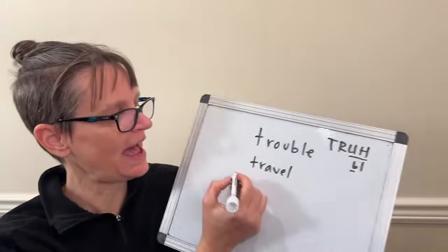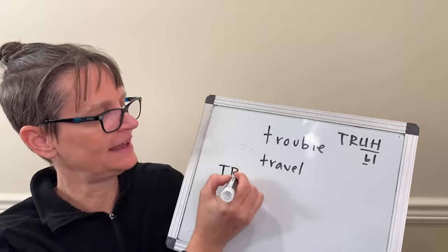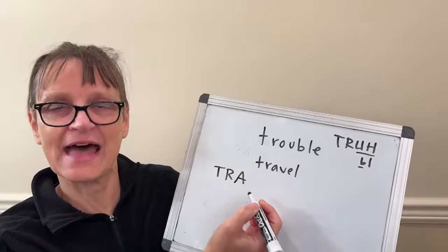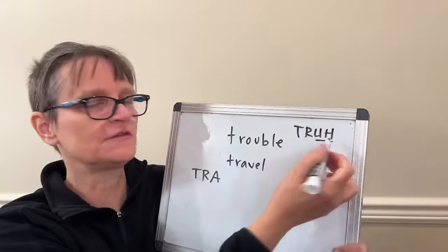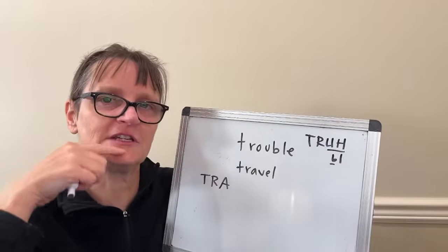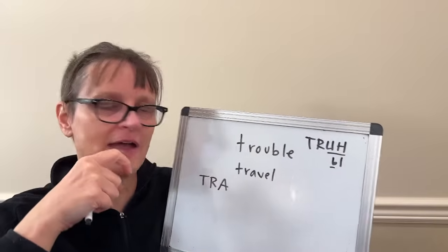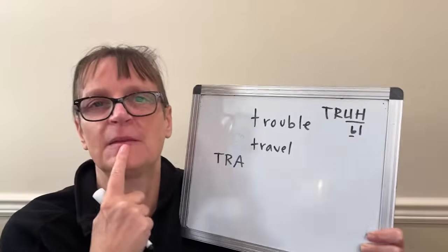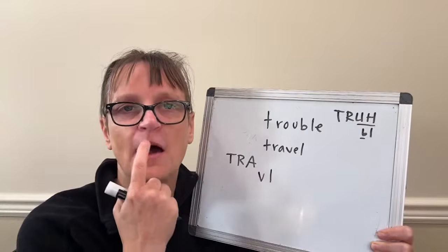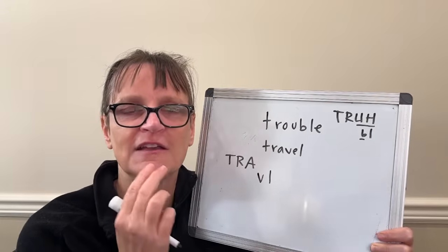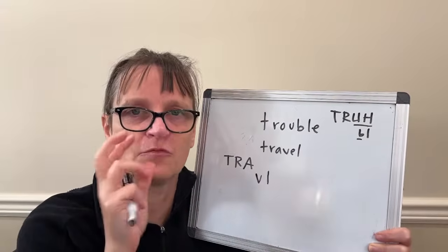Versus travel is going to have the A sound like cat. So my mouth is more open than it is for the uh sound, and the back of my tongue is lifted. The front of my tongue is down. Travel. And then when I'm making the V sound, my upper teeth and lower lip are connecting to make a restricted air.